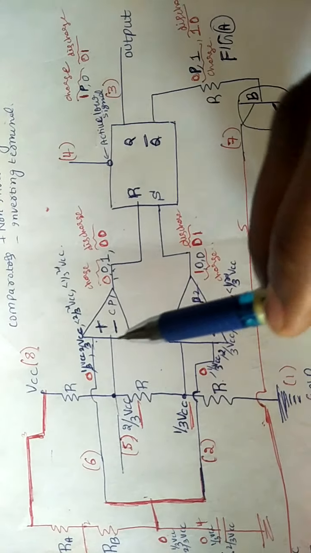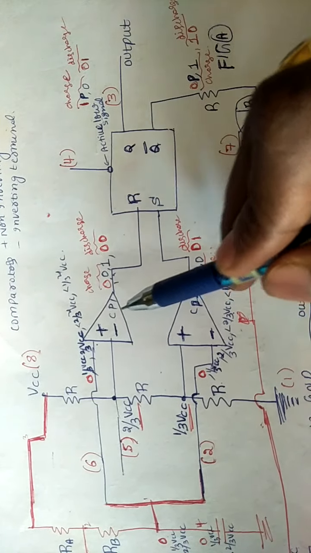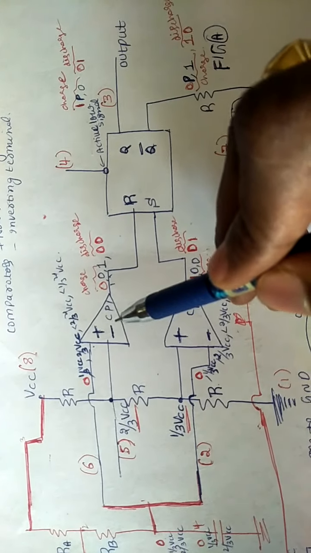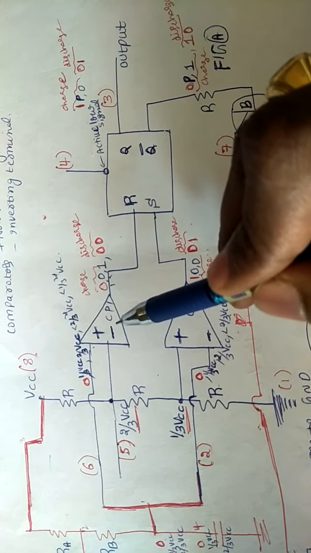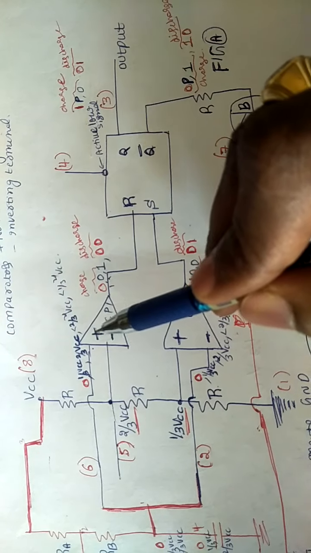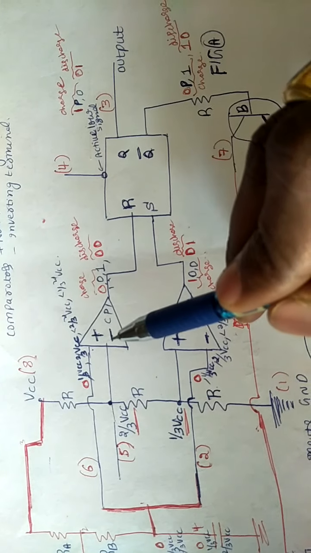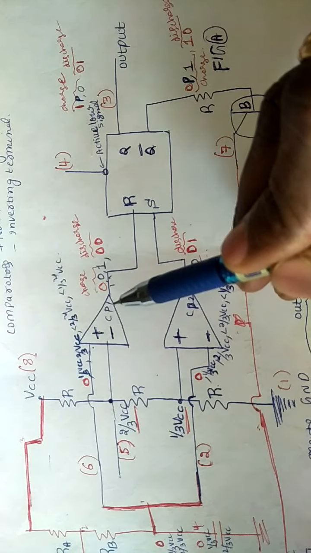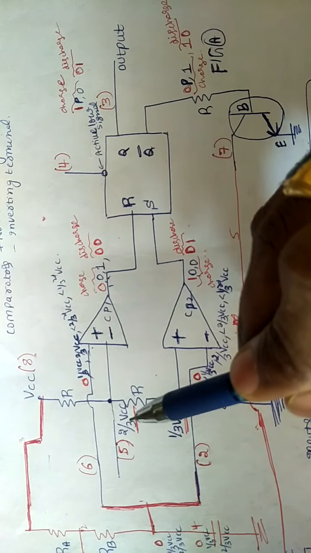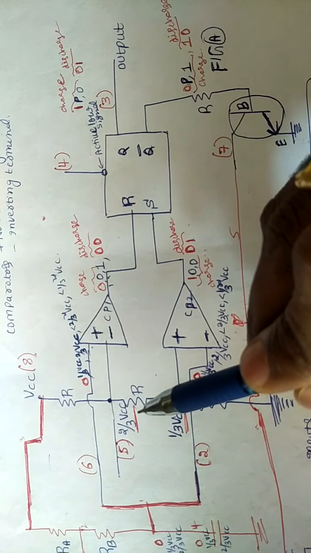So one thing keep in your mind, this one is comparator 1, this is comparator 2. Negative is the inverting terminal of the op amp, positive is the non-inverting terminal. So the inverting terminal of comparator 1 is always 2/3 of VCC. It's a fixed value.